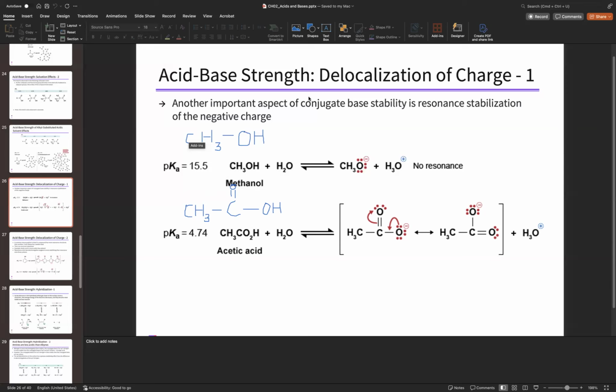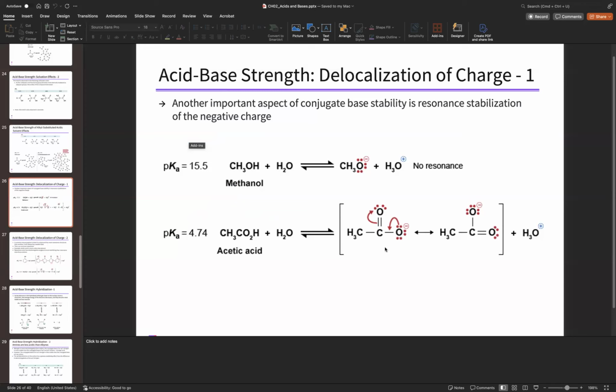And that has to do with resonance. Let me clear the screen here. So we can now look at just these two on the right. So, resonance stabilization of the conjugate base. Again, it all comes down to the conjugate base. The conjugate base acetate here has resonance. As you see here, the C double bond O and here C single bond O can resonate in this structure.